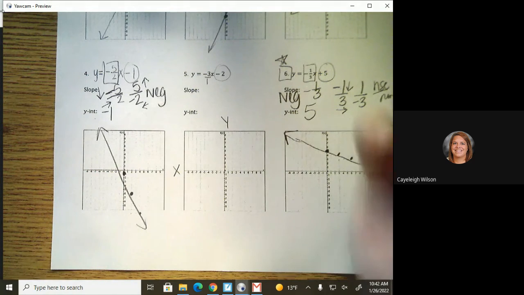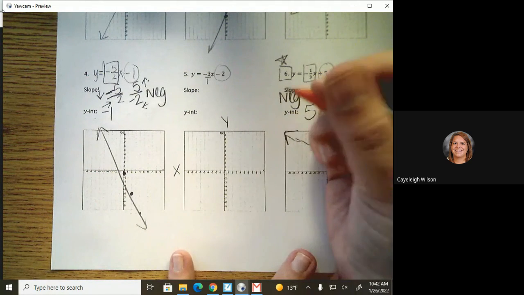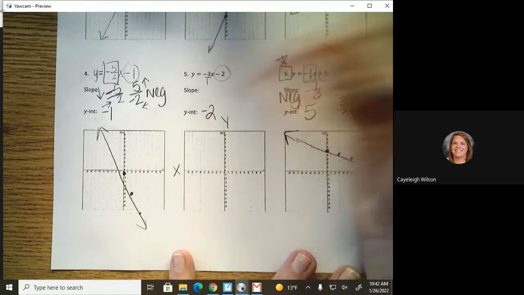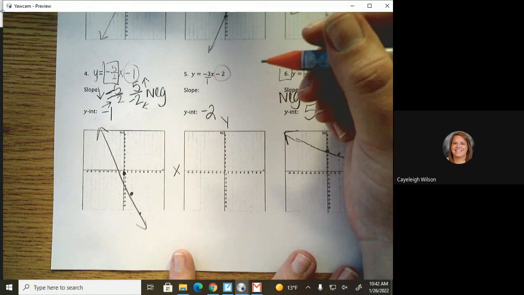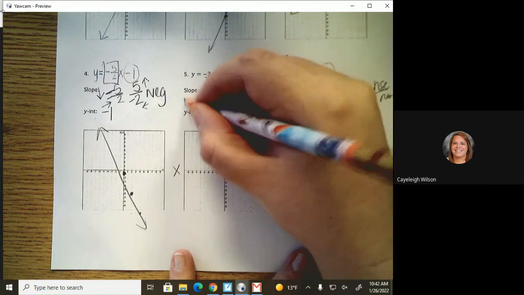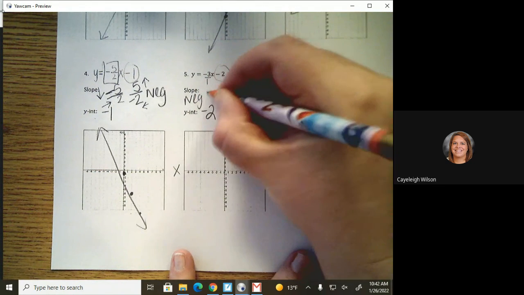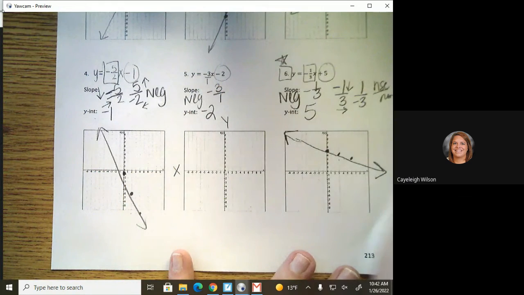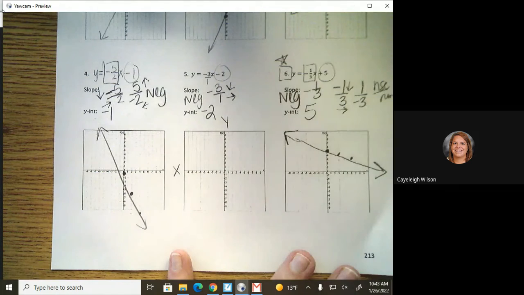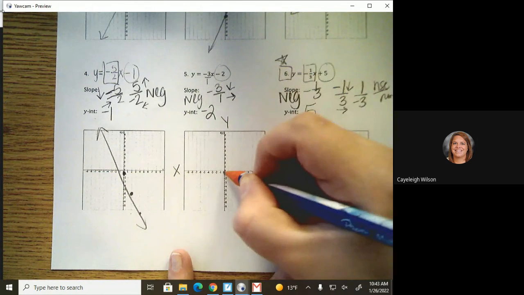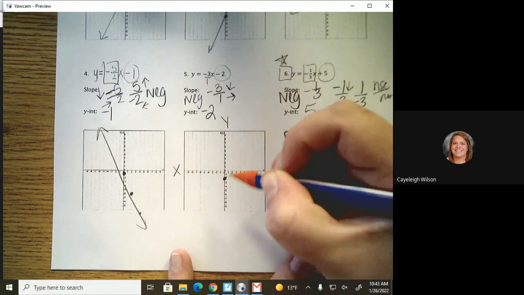All right, so everybody, what's my y-intercept? -2. What's my slope? -3/1. So I'm going to go down 3, right 1. So my y-intercept's -2.